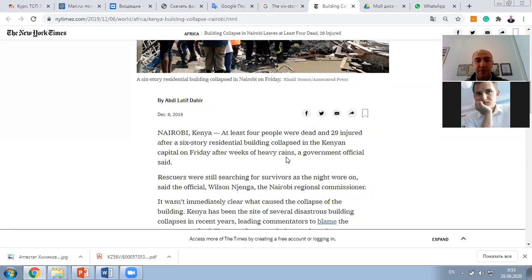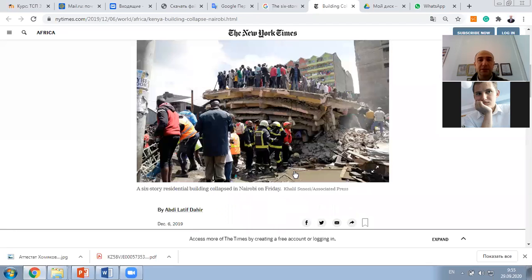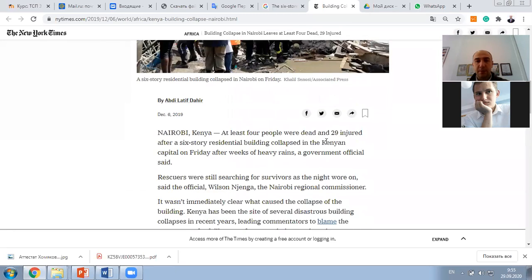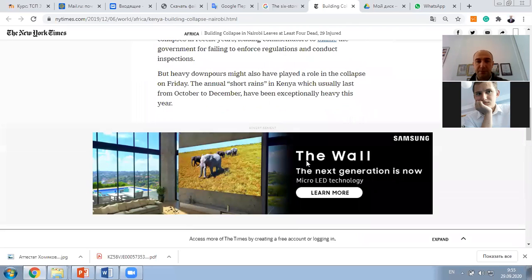But in combination with the failures of the building, of course, it can lead to really not optimistic problems which took people's lives. And here you see that 4 people were dead and 29 injured after the building collapsed.